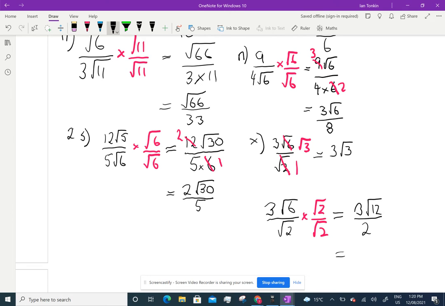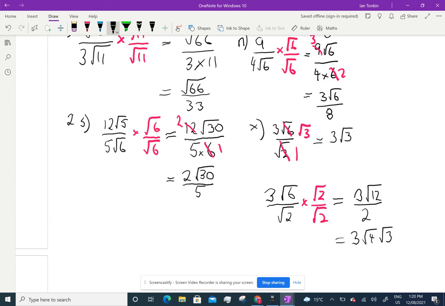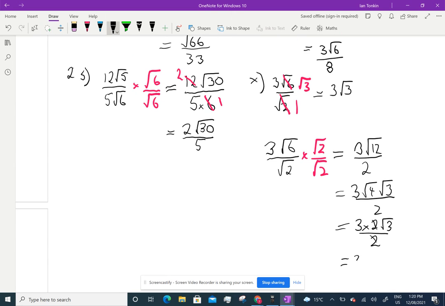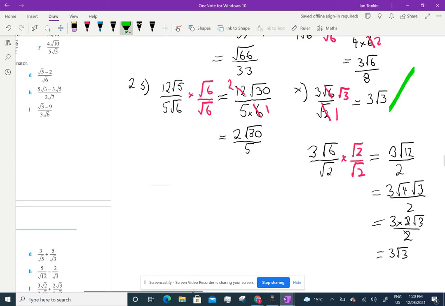Oh, but root 12 is the same as root 4 root 3 over 2. But the square root of 4 is 2. So 3 times 2 root 3 over 2. And the 2's will cancel, leaving me with 3 root 3. Much easier. Don't forget what you already knew. And you knew that from your multiplying and dividing.